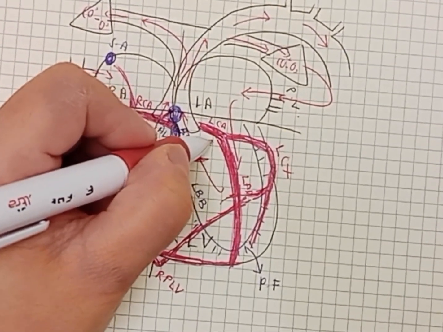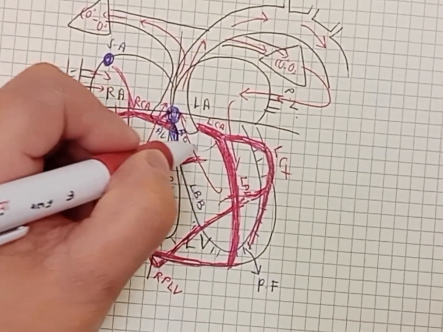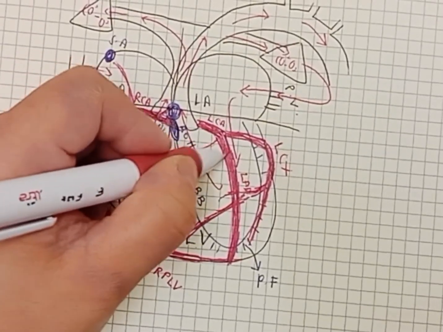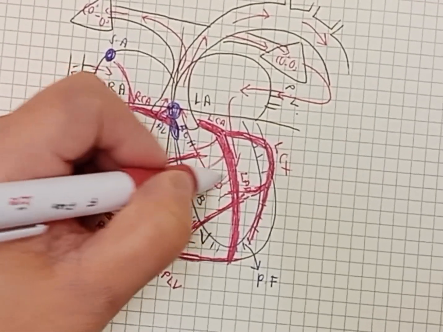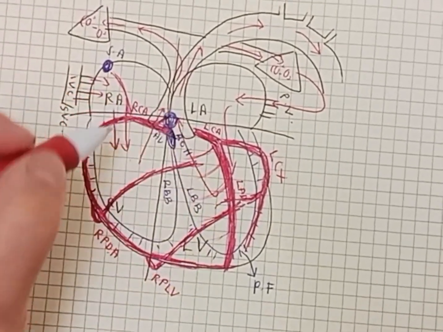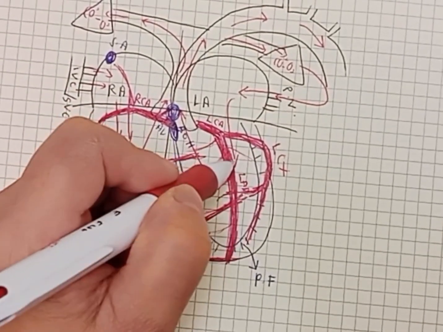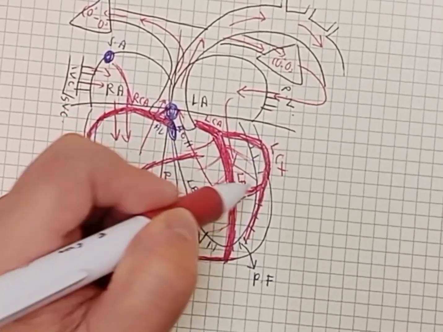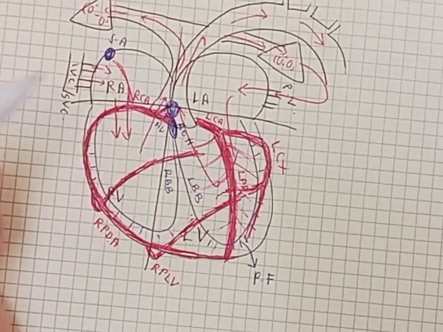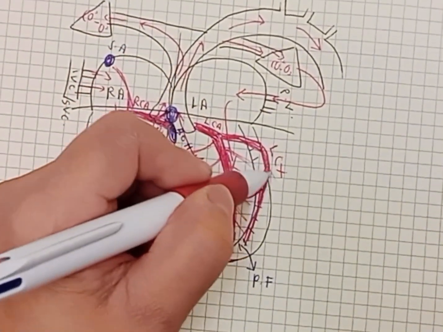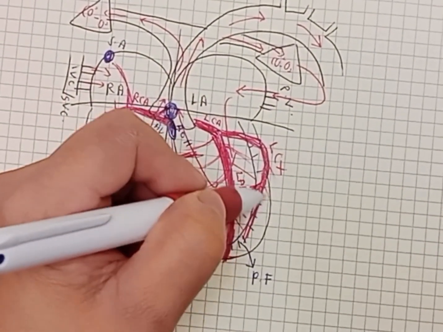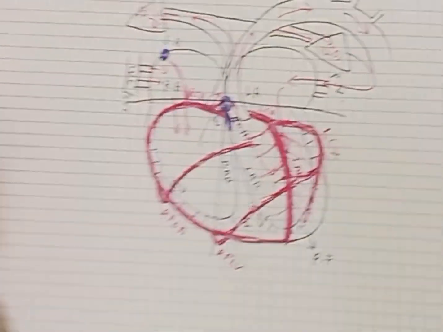From the LAD we have the septal branch, which supplies the septal part of the heart, and we also have the diagonal branch, and we have the OM from the circumflex.